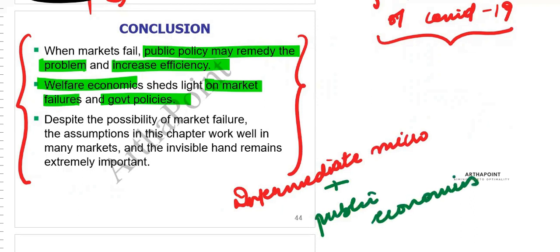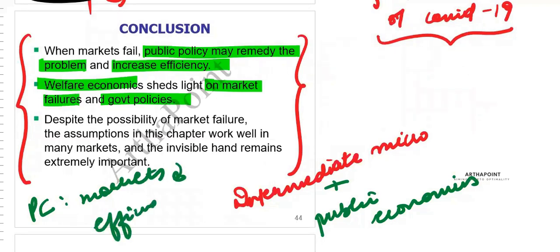But for now, you just have to remember that if it is perfect competition, then markets are the best. They will give you an efficient outcome. But if there is a market failure, then government intervention may be required.